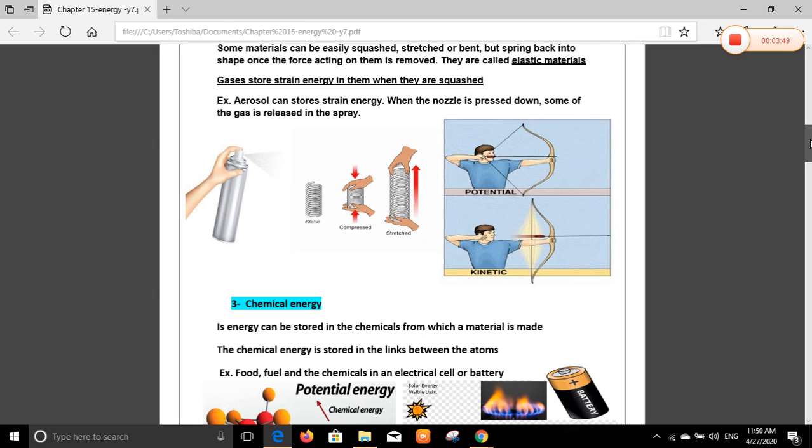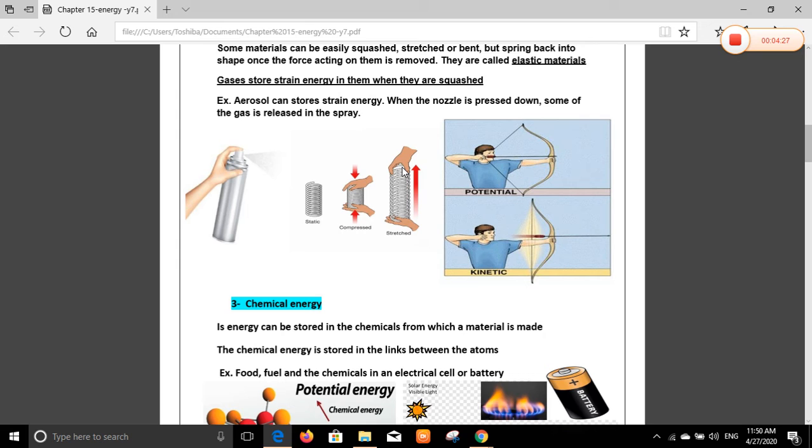Look at the picture. This spring, or elastic wire: if you compress it, I exert force and do work on it to compress it. If you let go, the force is removed and the spring stretches and returns to its original state.